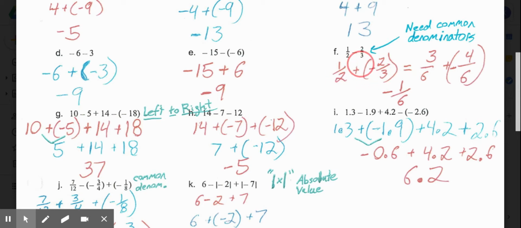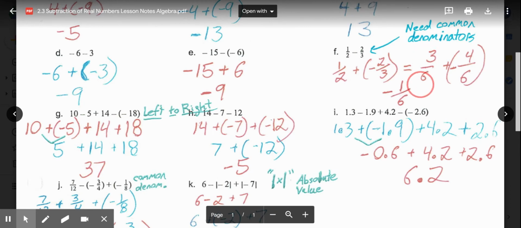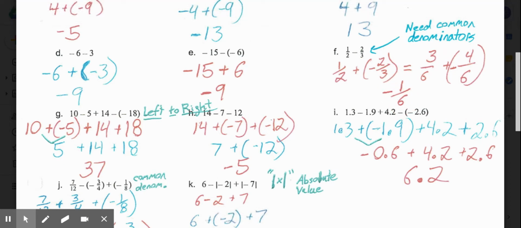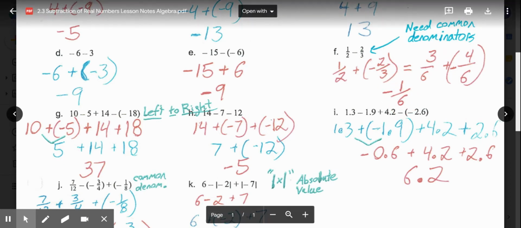So we have 1/2 plus negative 2/3. With our denominators at 2 and 3, we'd have a common denominator of 6. So 1/2 is the same as 3/6. A negative 2 over 3 is the same as a negative 4 over 6. Then we simply combine our numerators. A positive 3 plus a negative 4 is a negative 1 over 6. So we have a negative 1/6.